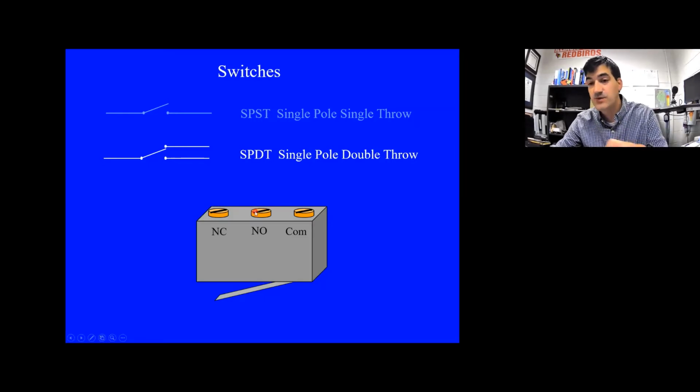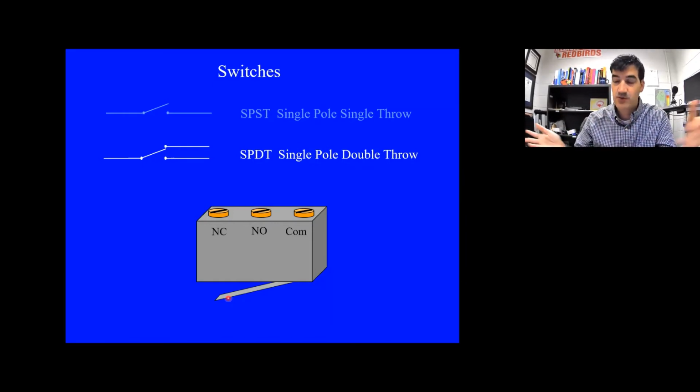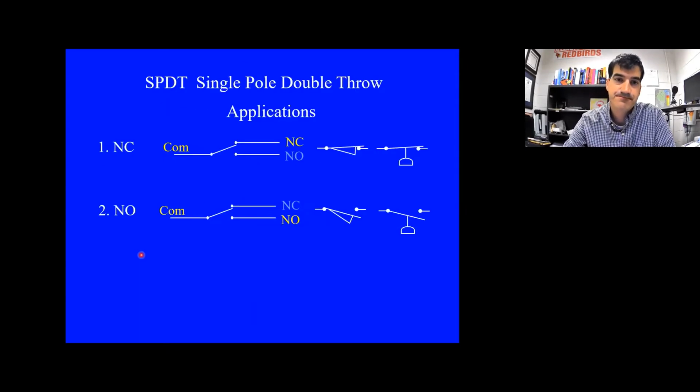The way a limit switch works is that when something presses on it, like let's say a piston or something, when a piston is moving and it reaches the limit of its travel, then it presses on this little lever physically, it pushes on it, and that moves this switch right here. So that's the purpose of a limit switch. And those are the connections for a single pole double throw switch.